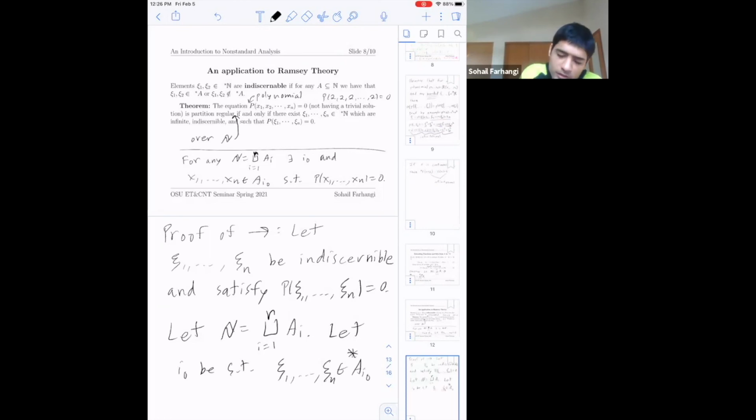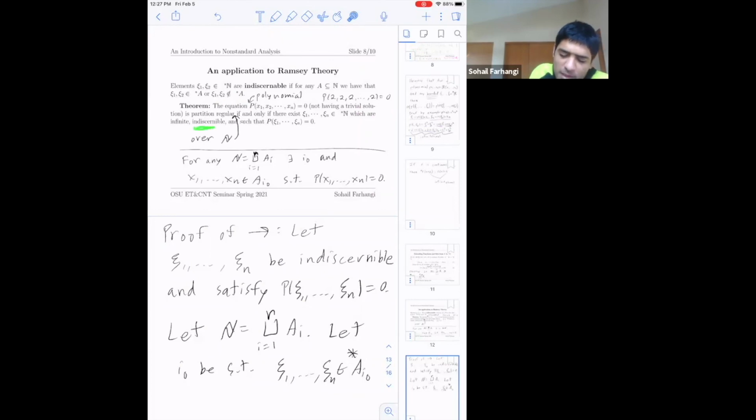All right, so this is where we use indiscernibility. If xc1 is not in A1, then that means that xc2 is also not in A1, and xc3 and xc4 and so on are also not in A1 because they're all indiscernible.